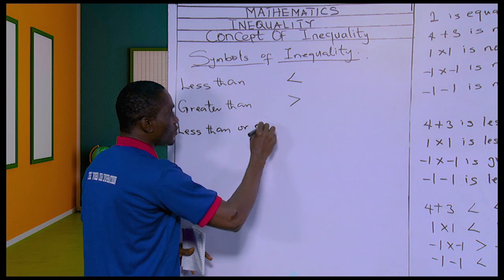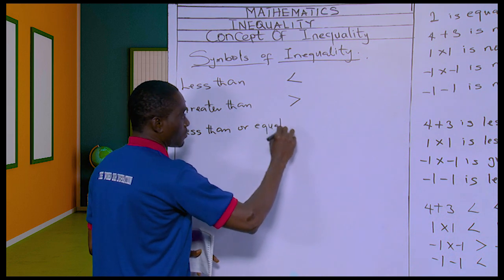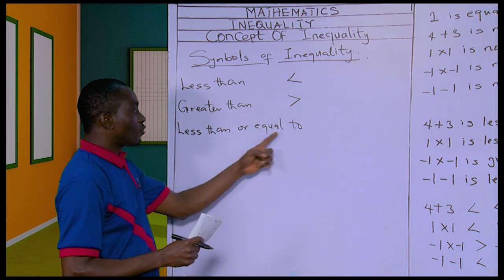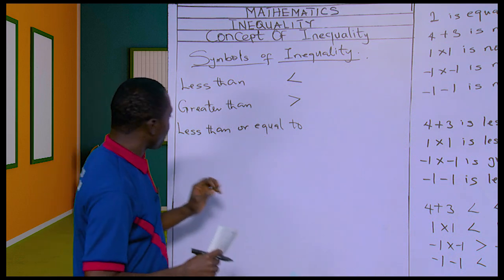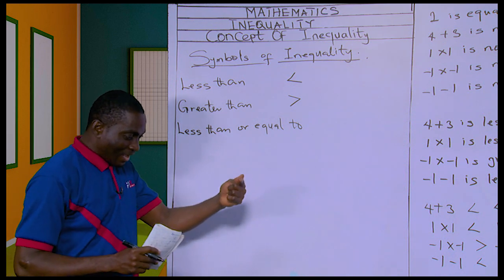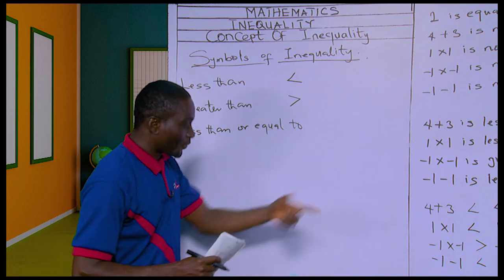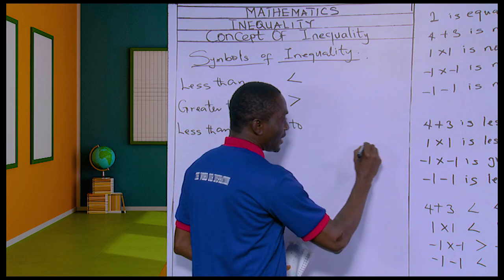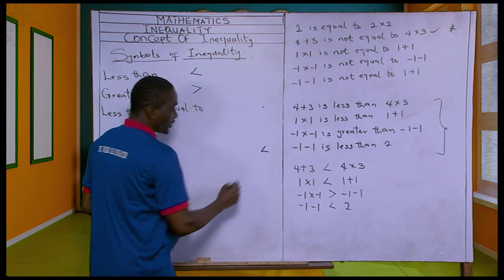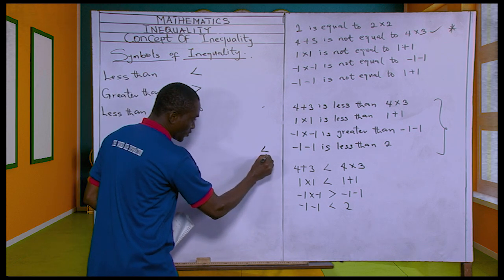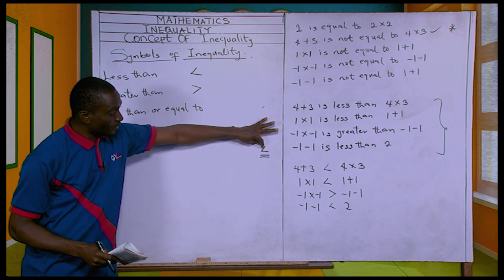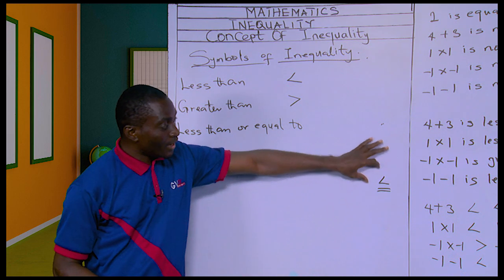So we have another one: less than or equal to. This is two statements: something is less than, or is equal to. We have two symbols. Less than is this. Equal to is this. This is the symbol for equal, and this first one is the symbol for less than.